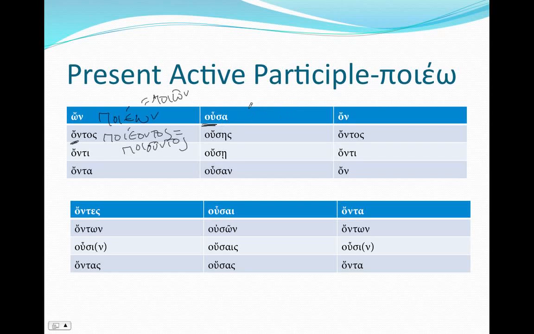Remember, when an epsilon contracts with an omicron, you get ou. And when an epsilon contracts with an omicron upsilon, you also get ou. So most of these forms, with the exception of the masculine nominative singular, are going to have ou, but the endings are going to be just the same as you've had for all other participles.